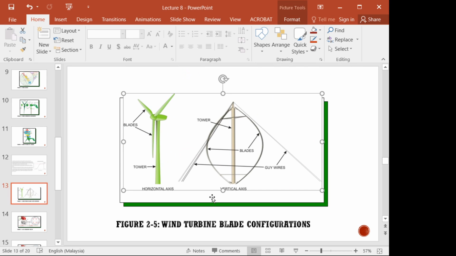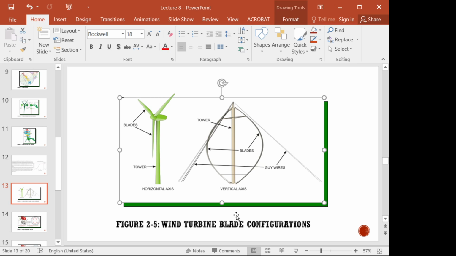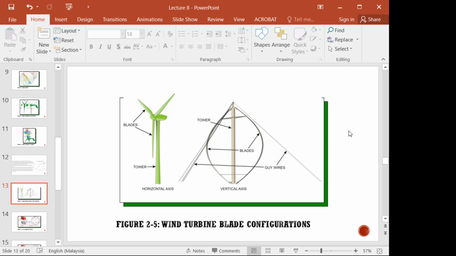And another one, the vertical axis, is suitable for countries like Malaysia. So for the vertical axis, the cut-in speed is not that high. It is suitable for Malaysia, which does not have high speed wind.